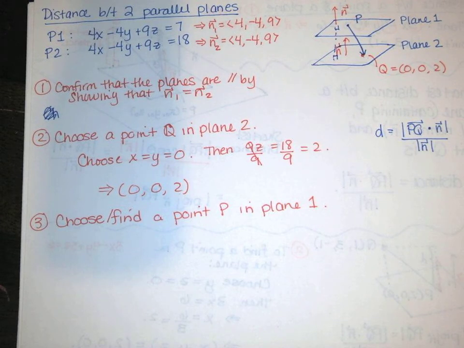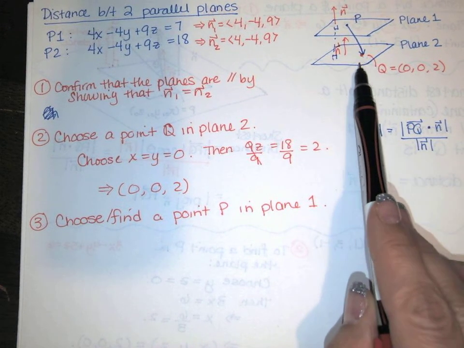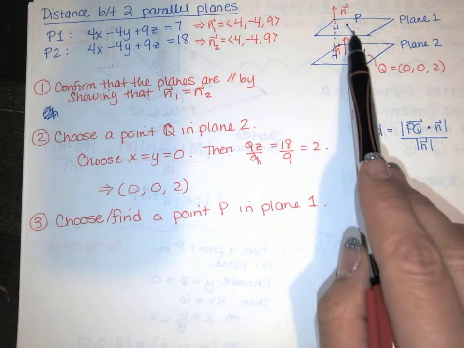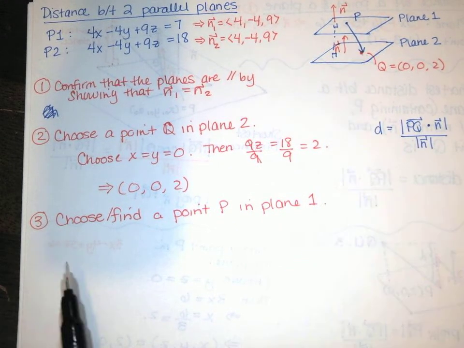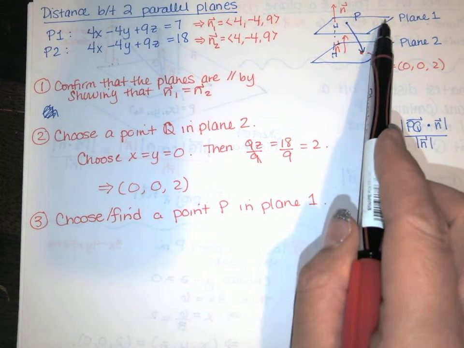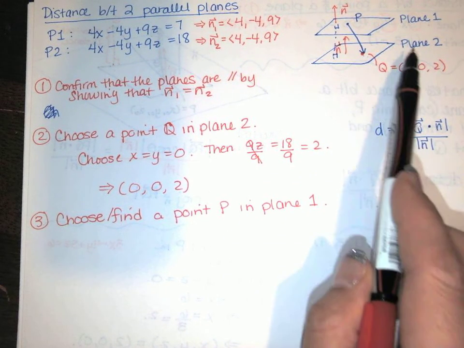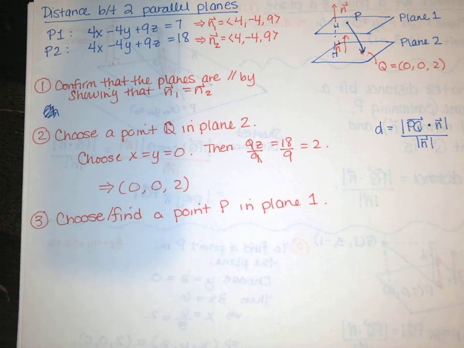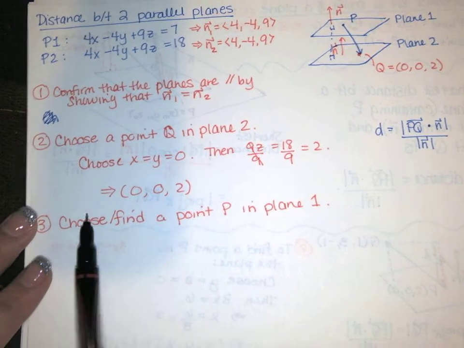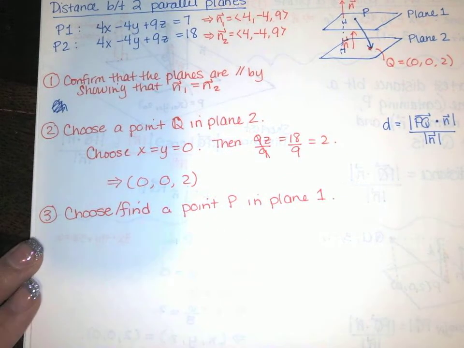You might accidentally use the same plane twice when you're finding P and Q, and then you're going to be in trouble. You need a point that's in one plane, and then a point that's in the other plane. So we're finding right now the distance between P and Q, which is the same as the distance between plane 1 and plane 2. So let's find P in plane 1.